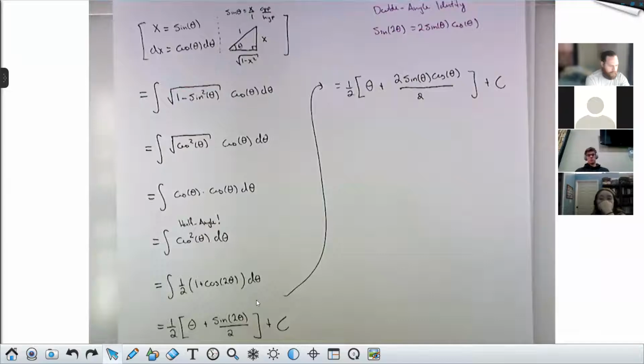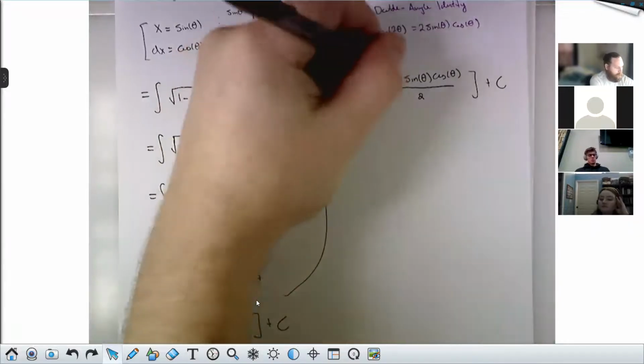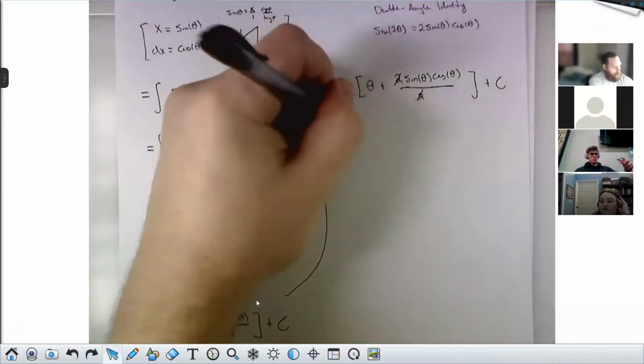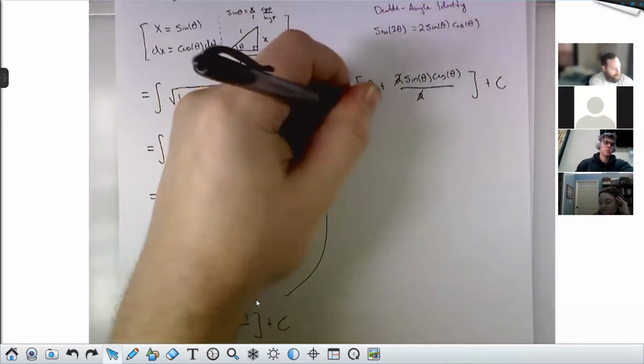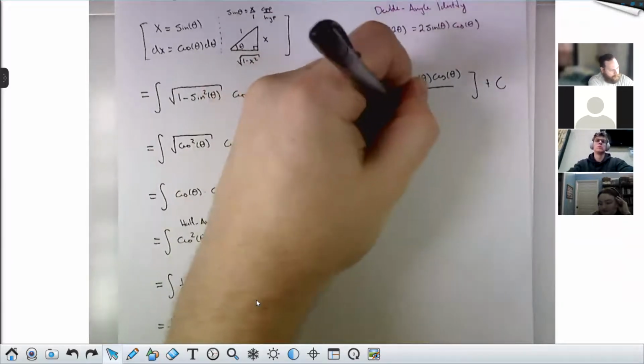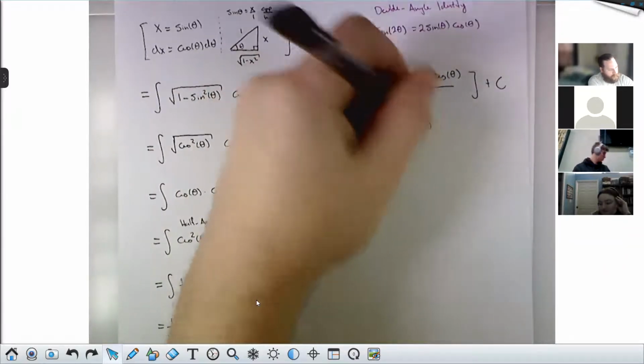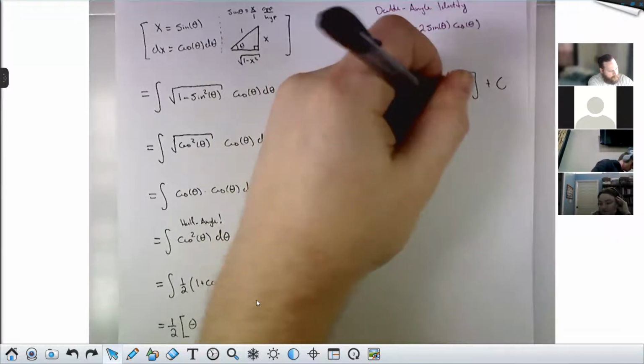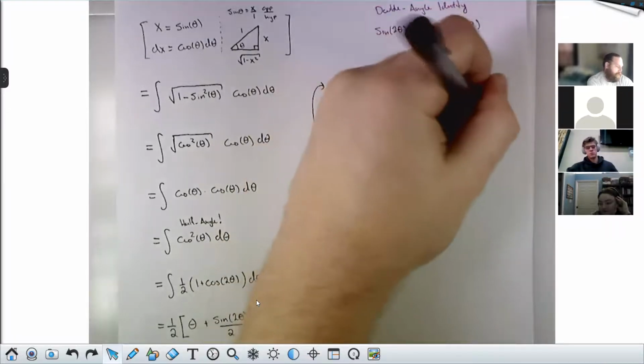Now I can cancel the 2's. And I get 1/2 theta plus sine theta cos theta plus c.